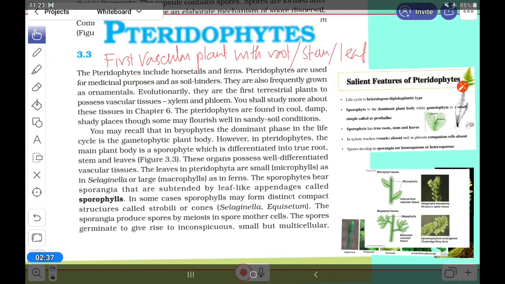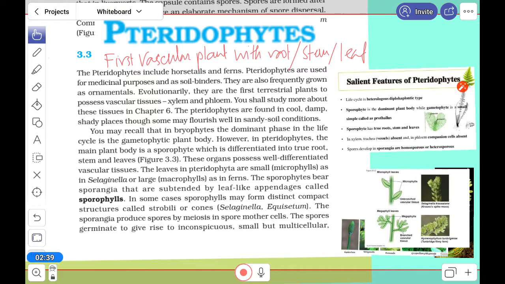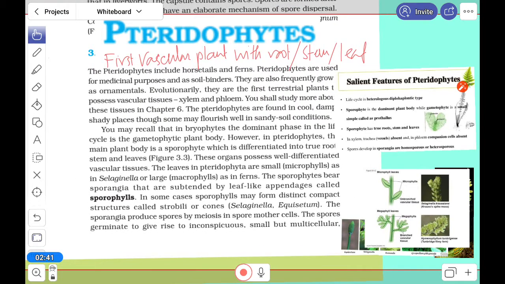Okay, so look at this part. We already know about the vascular tissue.